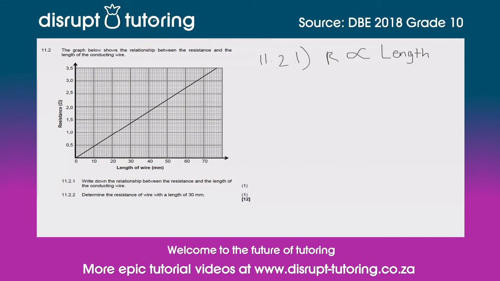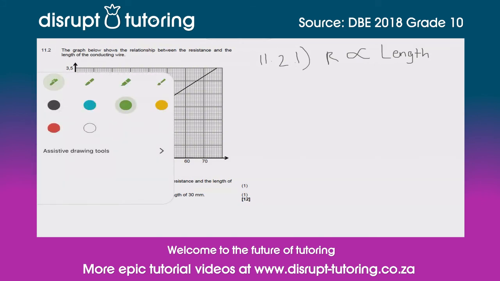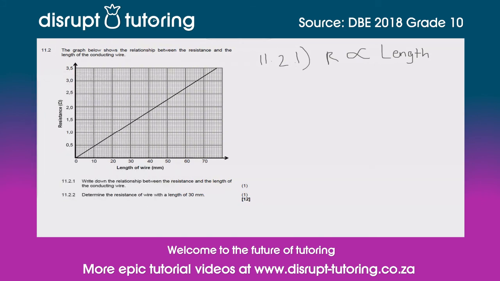So 11.2.2 says determine the resistance of the wire with a length of 30 millimeters. And this is quite simple. I'm going to do it in a color. All we do is we go up with 30 millimeters. We draw a little line on our graph at 30 millimeters. And we draw another line straight across here at the same point.